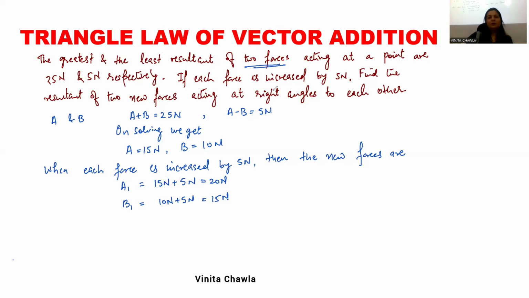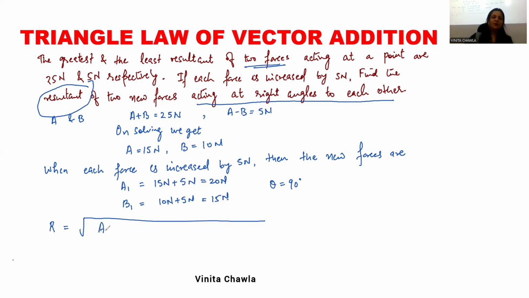Find the resultant of the two new forces acting at right angles to each other. What is the angle between them? It's 90 degrees. So find the resultant now. Resultant is square root of A1 square plus B1 square plus 2 A1 B1 cos theta.